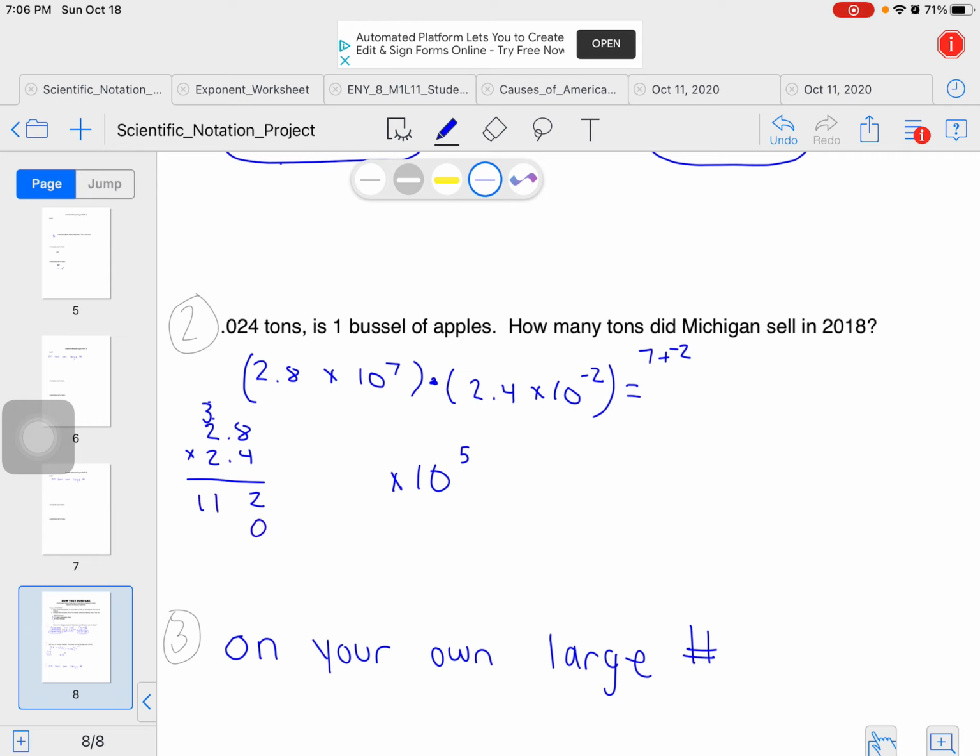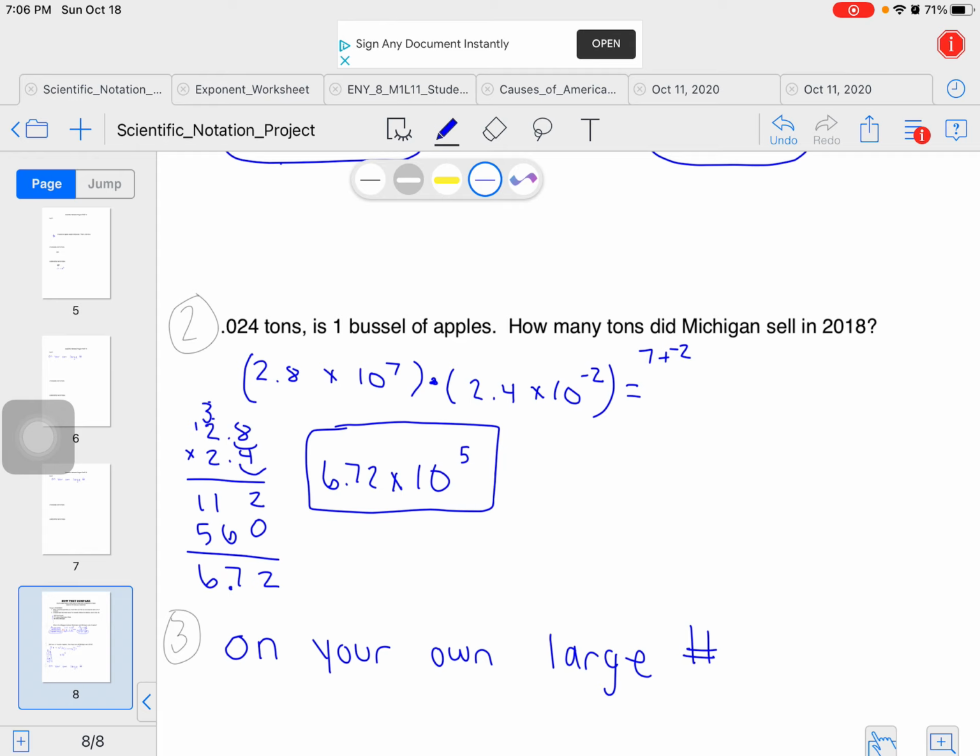A 0 to hold my place. 2 times 8 is 16, carry the 1. 2 times 2 is 4, plus 1 is 5. I get 2, 7, 6. 1, 2 digits for the decimal. So I have an answer of 6.72. 6.72 times 10 to the 5th is my information for how many tons Michigan sold.